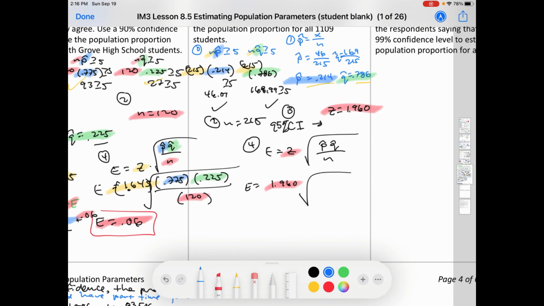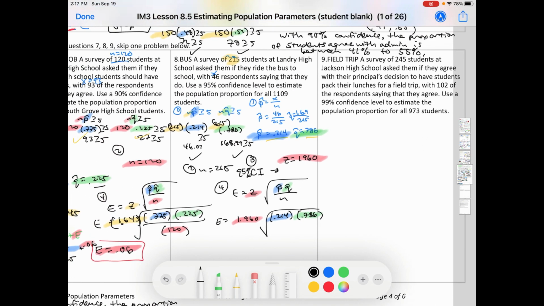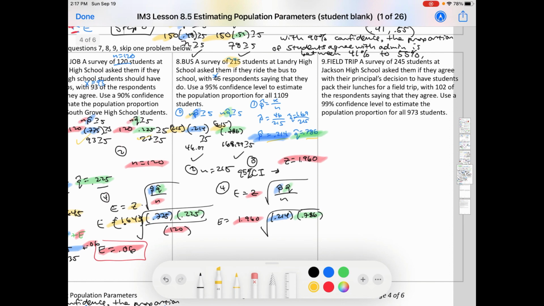My P hat is blue. I did it again. I always do that one, huh? And so 0.214, 0.786. And our N value, we highlighted in yellow, that came from the 215 up here.